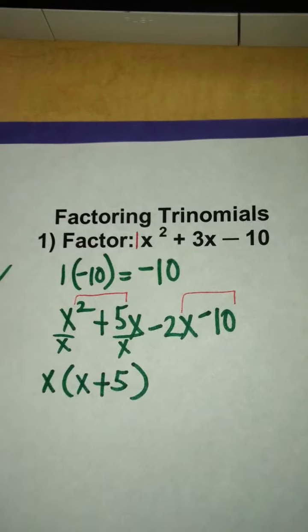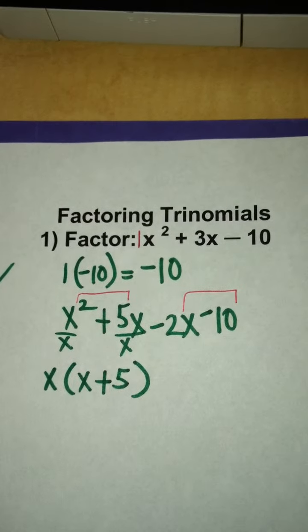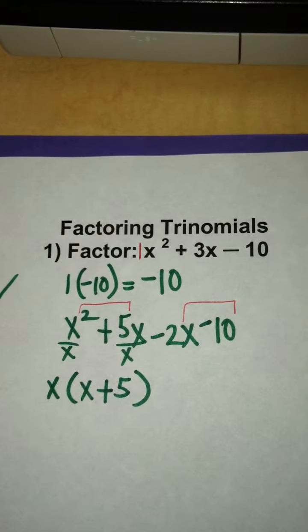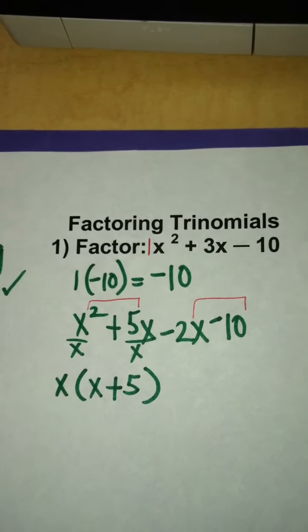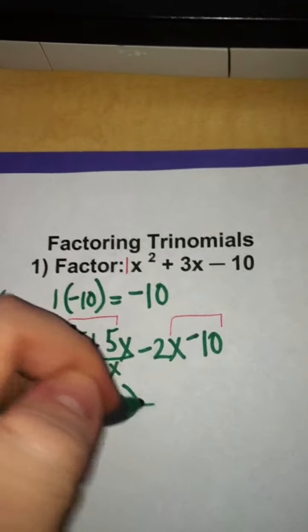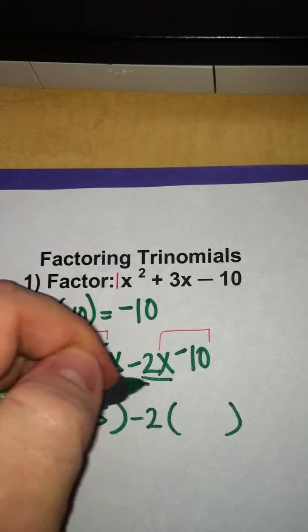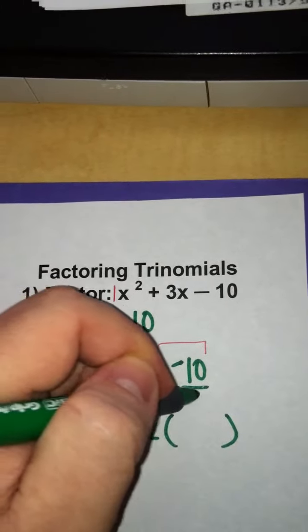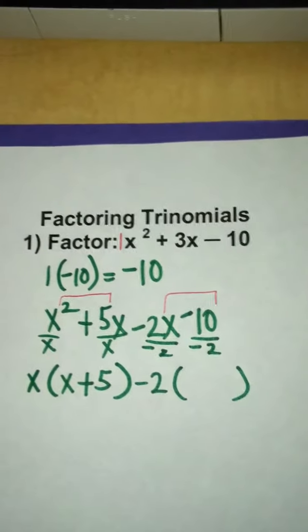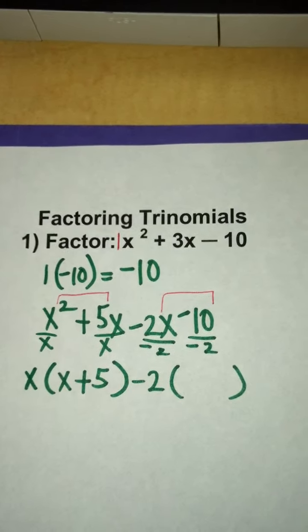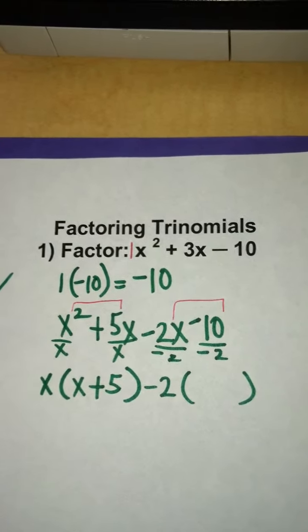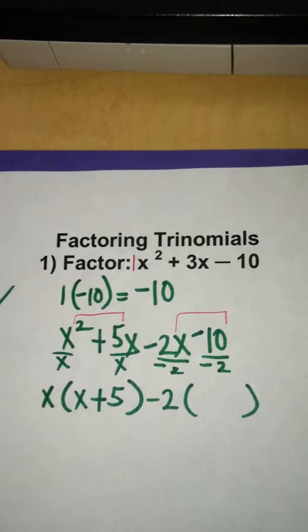Do the same for the last pair of terms. Take out their GCF. The GCF would be negative 2. And again, if we divide both terms by negative 2, we can easily see what's left in the parentheses.